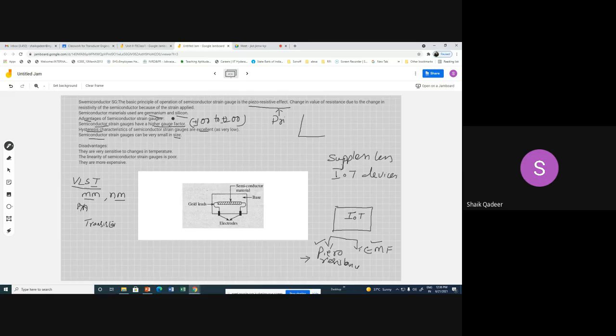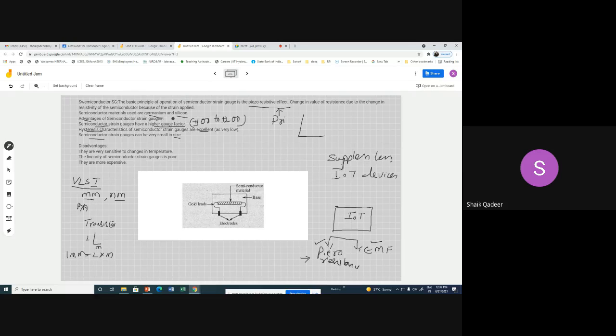A transistor has two dimensions, one is length, another is breadth, L into M suppose. In case of millimeter implementation, it is 1 millimeter. In case of nanometer implementation, it is 1 nanometer. So the size of one transistor is 1 millimeter in millimeter implementation, and 1 nanometer in nanometer implementation.